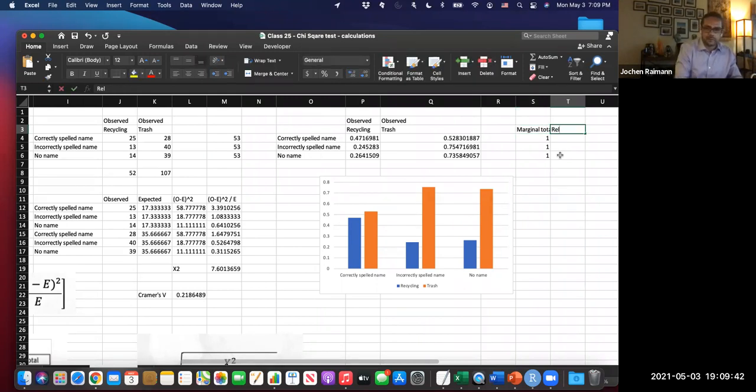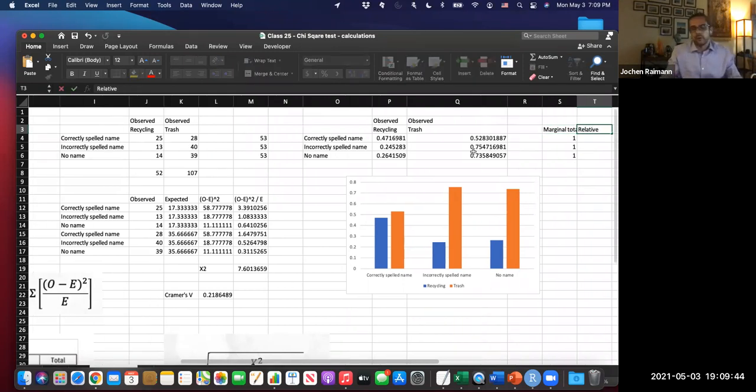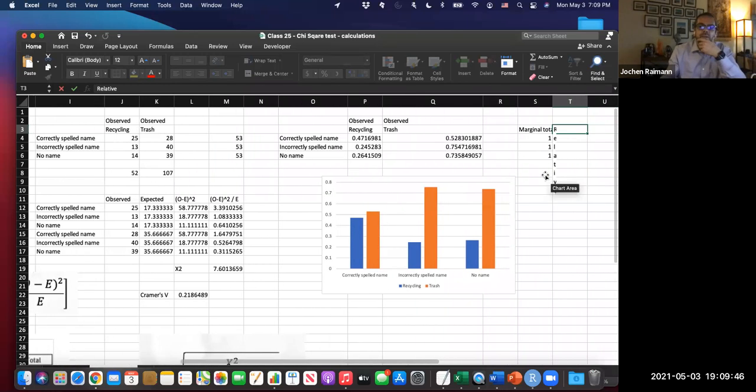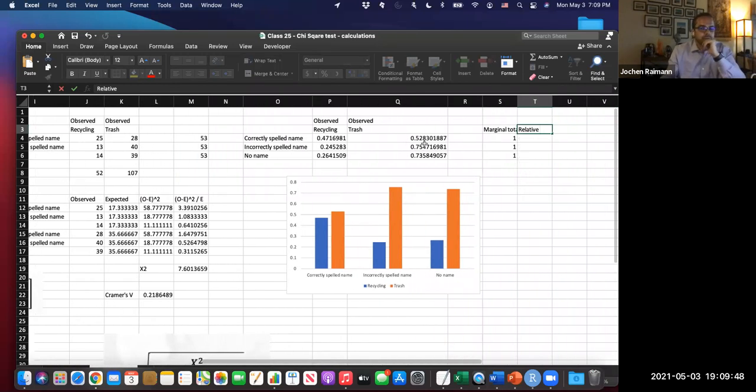So if you were to calculate the relative risk, this is a proportion, right? This is a proportion of this happening.